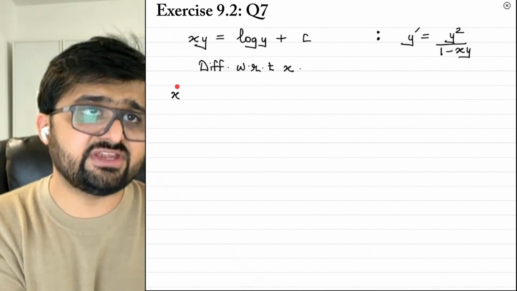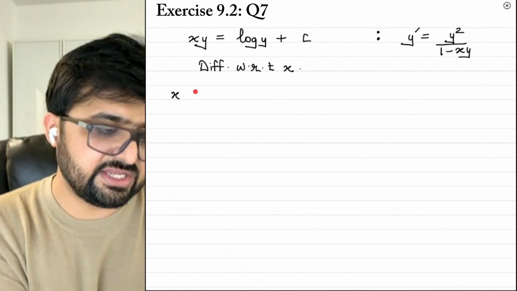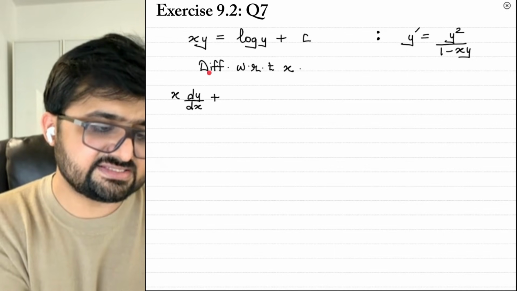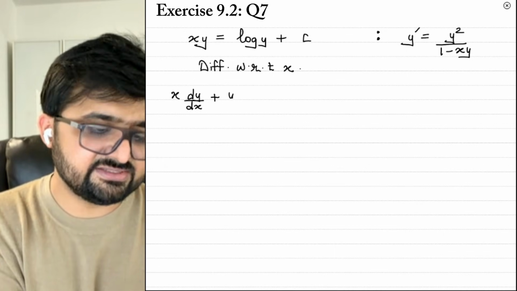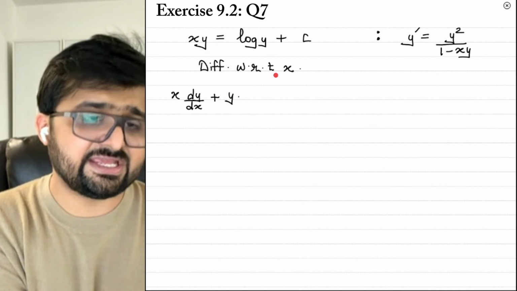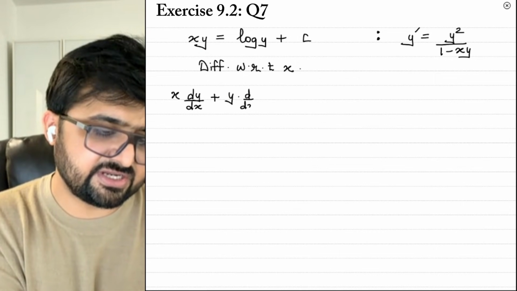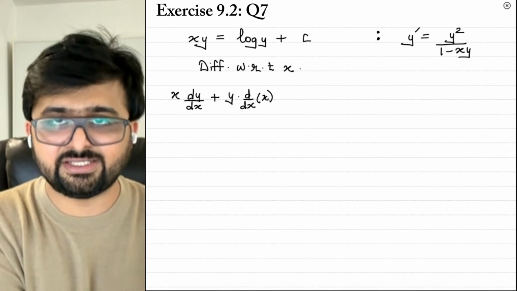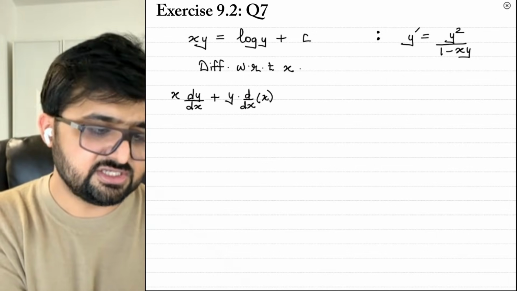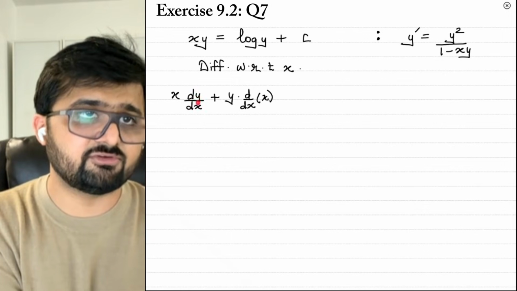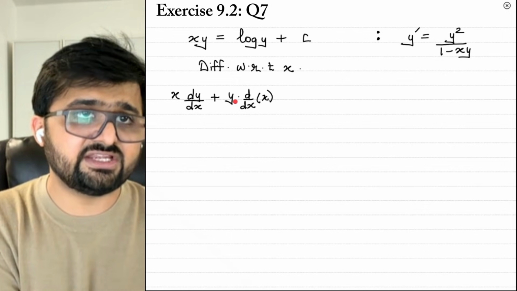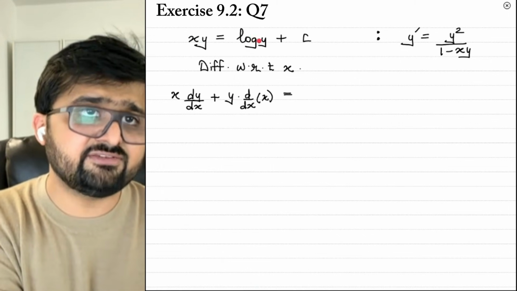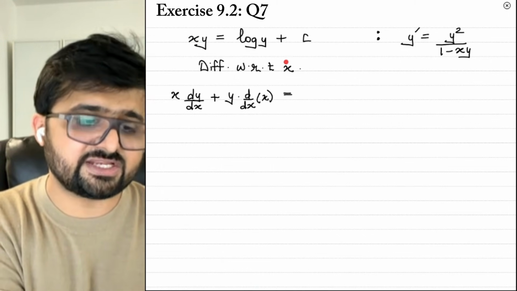Keep x the way it is and take the derivative of y, which is dy by dx, plus keep y the way it is and take the derivative of x with respect to x, d by dx of x. That's just the product rule. This is equal to the derivative of log y with respect to x.